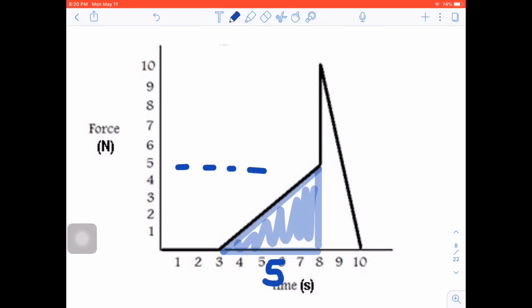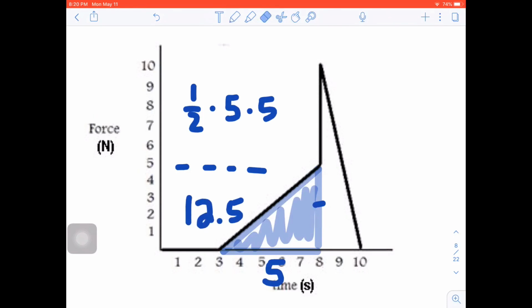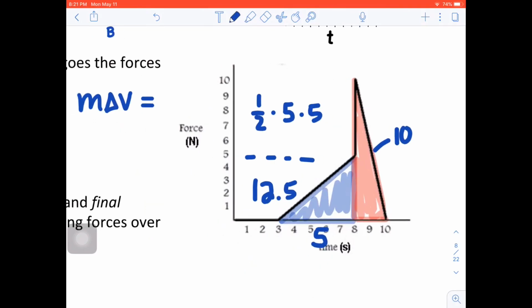So the area of a triangle, 1/2 base times height, is 1/2 times 5 times 5, which is 12.5. And the other triangle, we're going to shade with a different color. It looks like the base is 2 and the height is 10, so 1/2 times 2 times 10 is 10. So the total area is 12.5 plus 10.